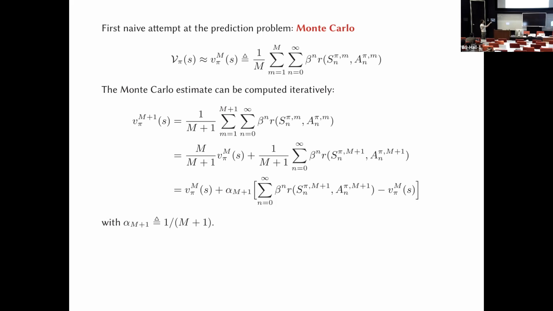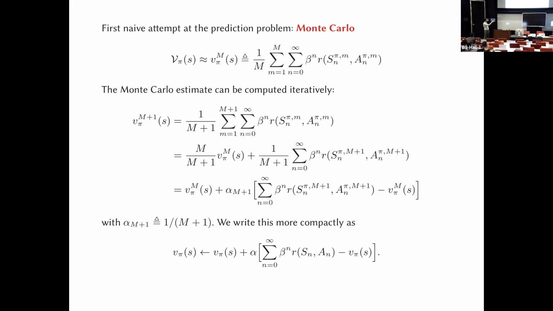So this has a very particular structure. That's why I do this rewriting, because all the rules that we will get to know will have this structure. This motivates what we're doing next. And since this has become unreadable because there are so many indices, I will now write this more compactly by dropping everything which pertains to M. So I get that my new estimate is the old estimate plus alpha times the realization of the total reward minus my old estimate.